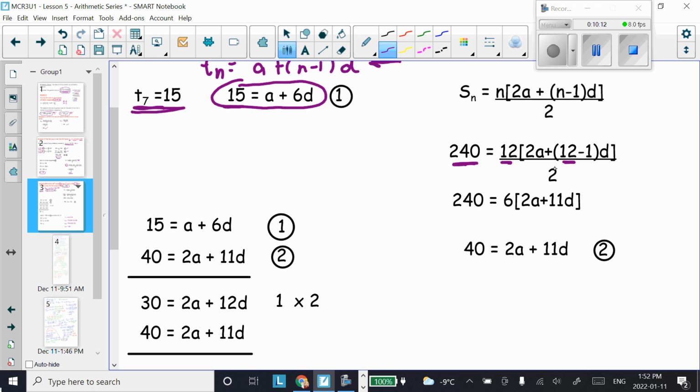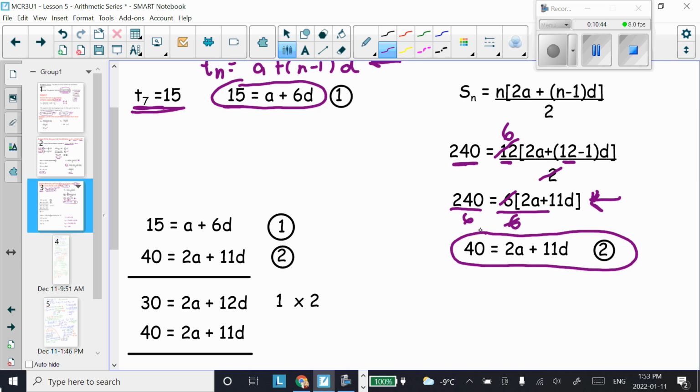What I've done here is I divided 12 by 2. That's where the 6 came from. So now we have 240 equals 6 times 2a plus 11d, since 12 minus 1 is 11. And now dividing both sides by 6 to simplify further, 240 divided by 6 is 40. So there's my second equation.